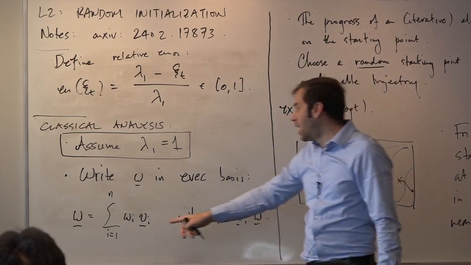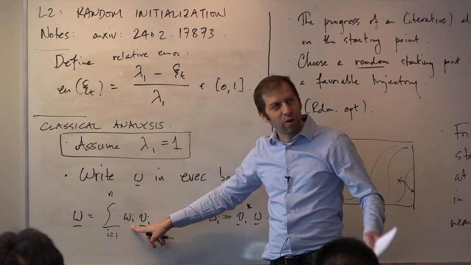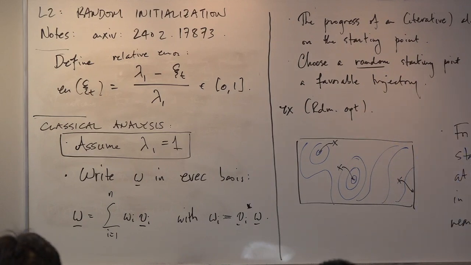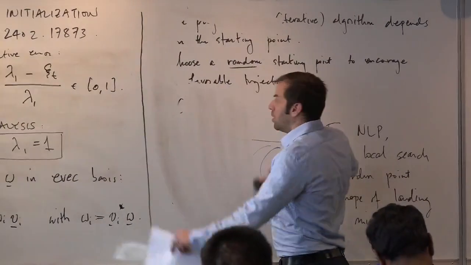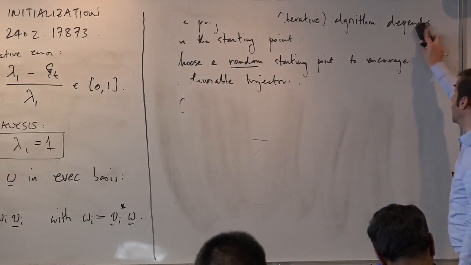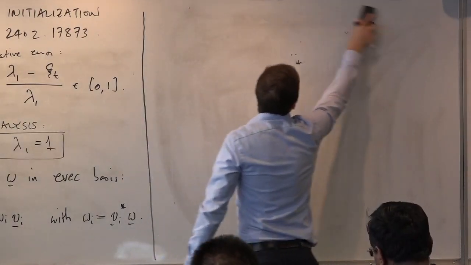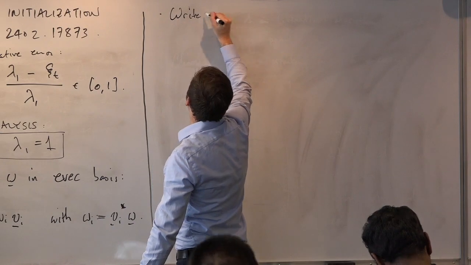So omega_i are the coordinates in the eigenvector basis. Again, very natural for a linear algebra problem, and this is going to help us understand what's going on. Now we're going to look at this formula for the relative error, and we're going to write it in coordinates.